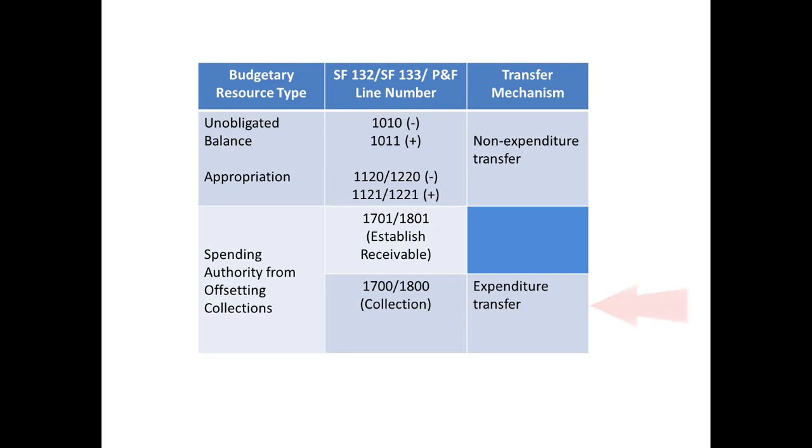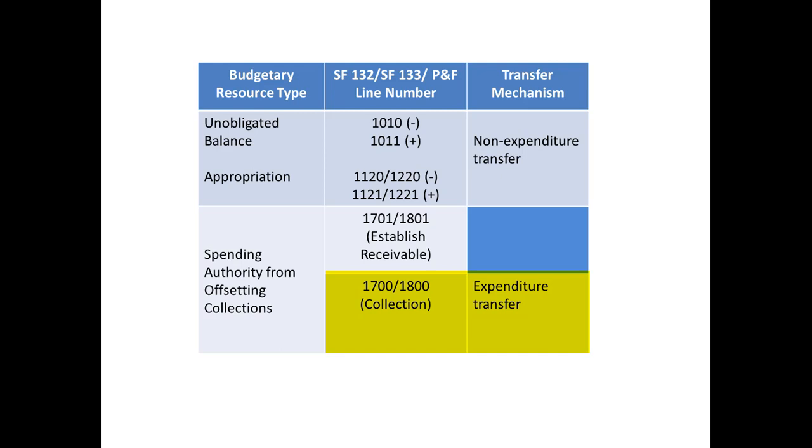We see the unobligated balance transfer lines, the appropriation transfer lines, and the spending authority from offsetting collections lines. We've not included the anticipated lines because these do not actually create a budgetary resource. They only anticipate its creation. Note also that while the establishment of the receivable does create spending authority, the expenditure transfer doesn't occur until funds are actually collected.